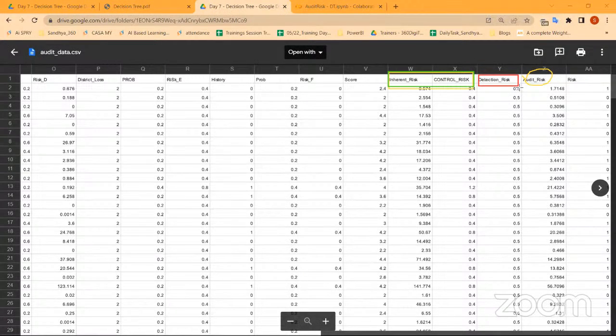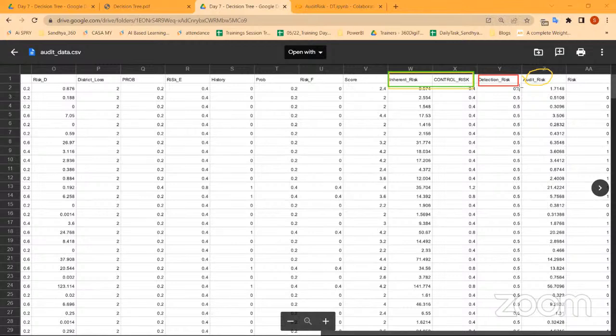Now let's try to understand what inherent risk is, friends. Inherent risk is the risk which is usually caused by an error or an omission in the financial statements.